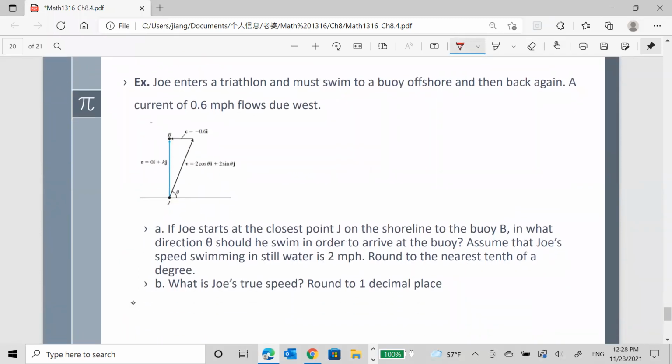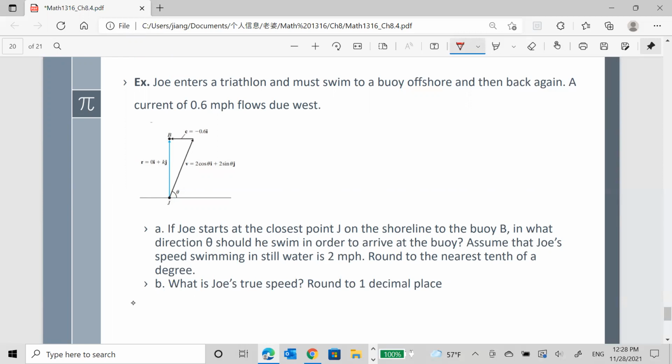Joe enters a triathlon and must swim to a buoy offshore and then back again. A current of 0.6 miles per hour flows due west. So let's draw the information from the question.